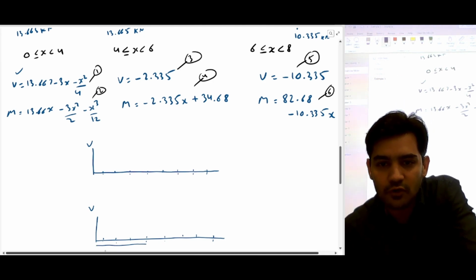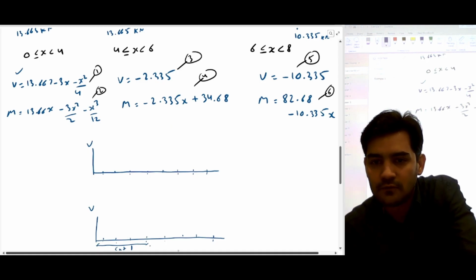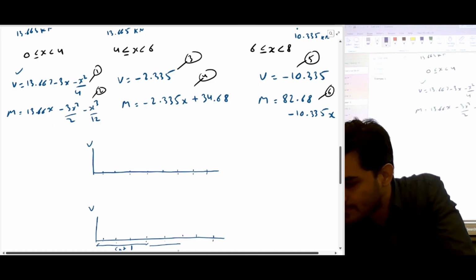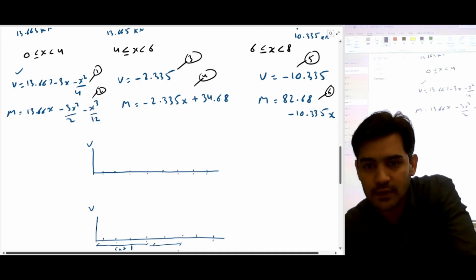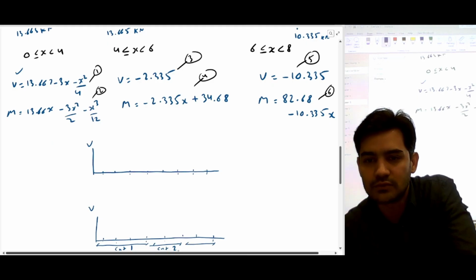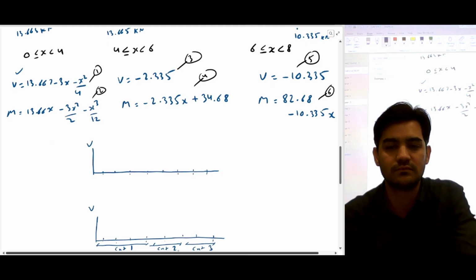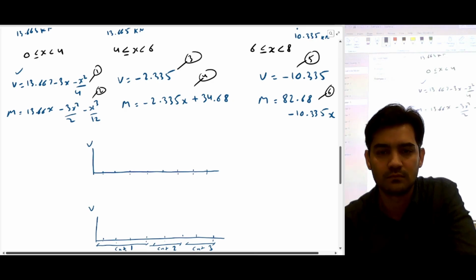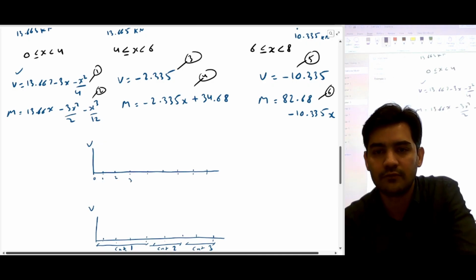From 0 to 4, we're going to use cut 1. From 4 to 6, we're going to use cut 2 equations. And from 6 to 8, we're going to use cut 3 equations. This is 0, 1, 2, 3, 4, 5, 6, 7, 8.